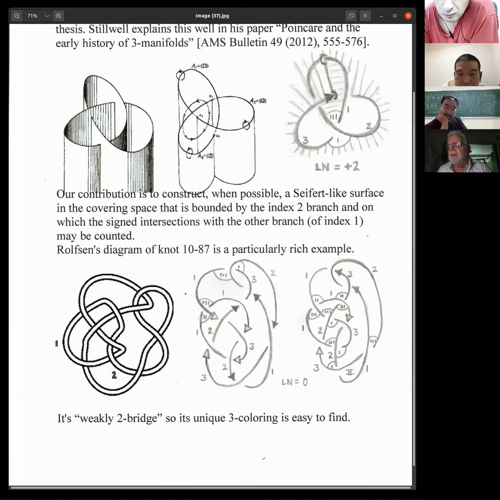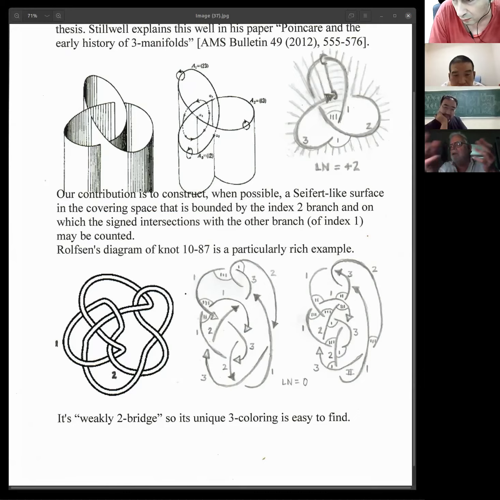It goes down in copy 1, it passes under 2 to 3, and then under 2 again back to 1. And what we're doing is we're in copy 2 walking along the knot. So there's no change at all, since you're just passing under walls that are glued together in copy 2. And what you then get is a little disc that you can insert in copy 2, just like a Seifert circle when you're using the canonical Seifert method.